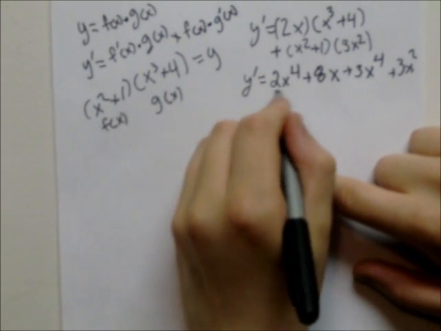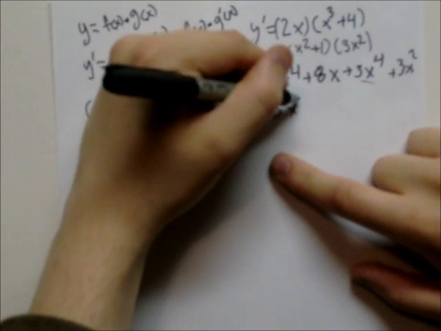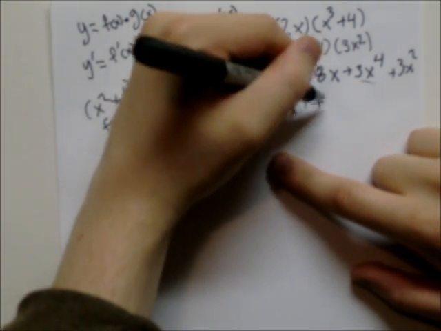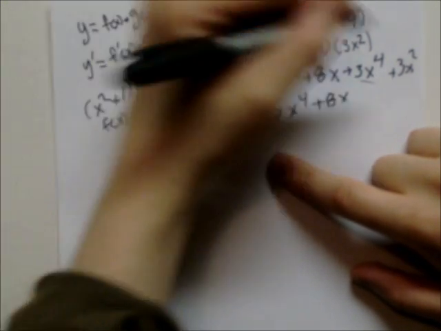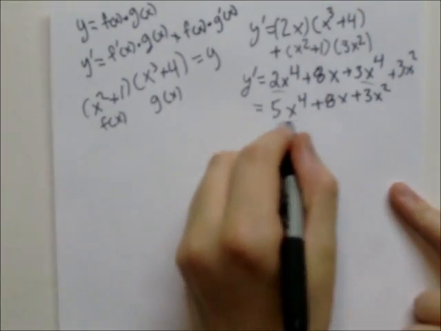Then you add these, and this equals 5x to the fourth plus 8x plus 3x squared. And here's your answer.